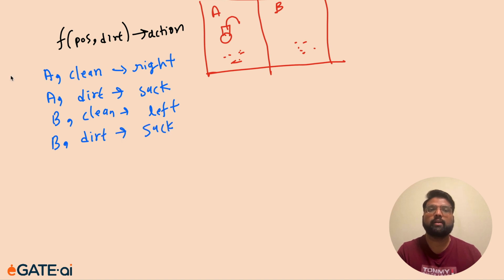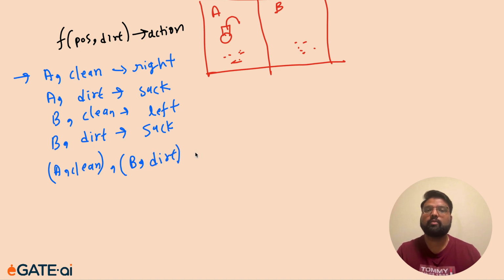This is just one percept. Suppose the first percept was that the agent was in A and saw that the block is clean, so it will move to the right block. Then the second percept would be B, and if there is dirt in this block, the action would be to suck the dirt.